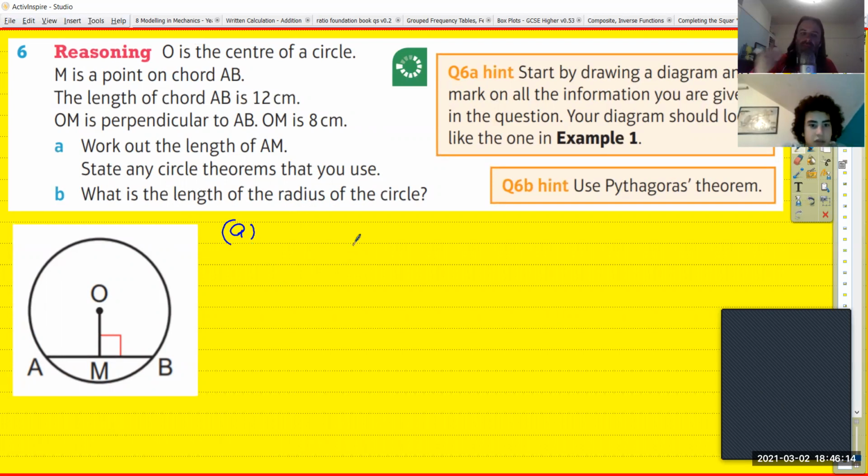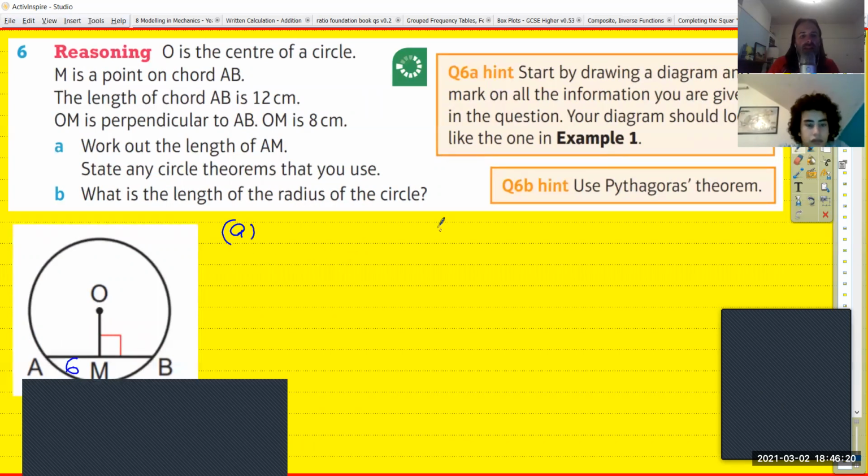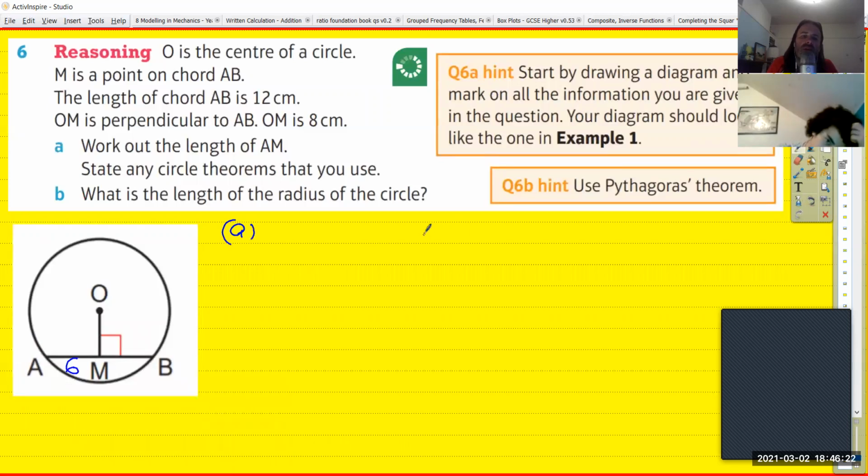AM is 6 centimeters. So AM is 6. Then it says, what is this? OM is 8. And you have to find the radius.